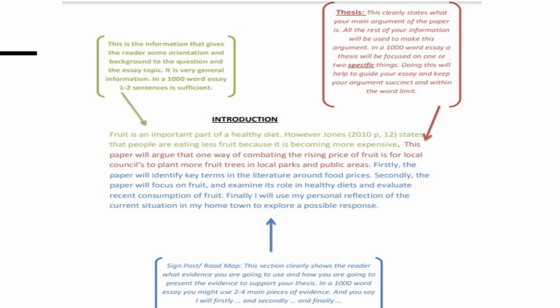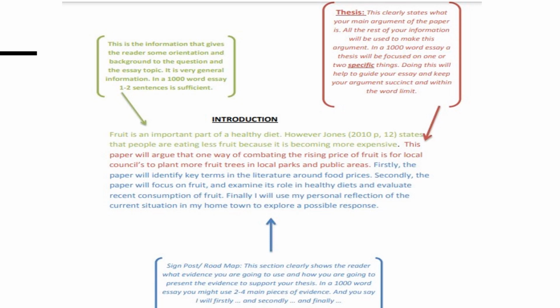So in this one, we can see in green, this is the first sentence. This is the information that gives the reader some orientation and background to the question and the essay topic. So this is very general information in one or two sentences.